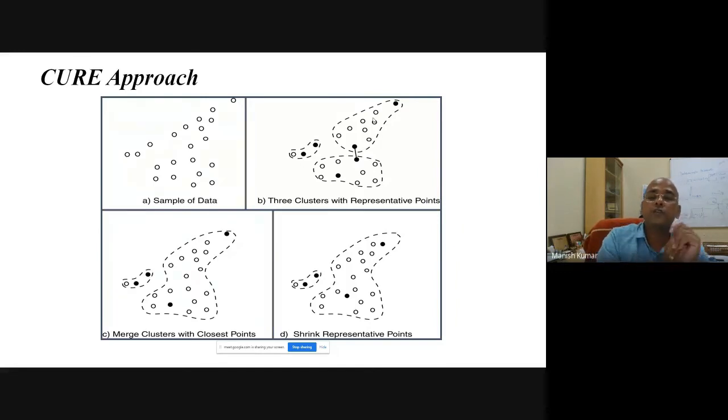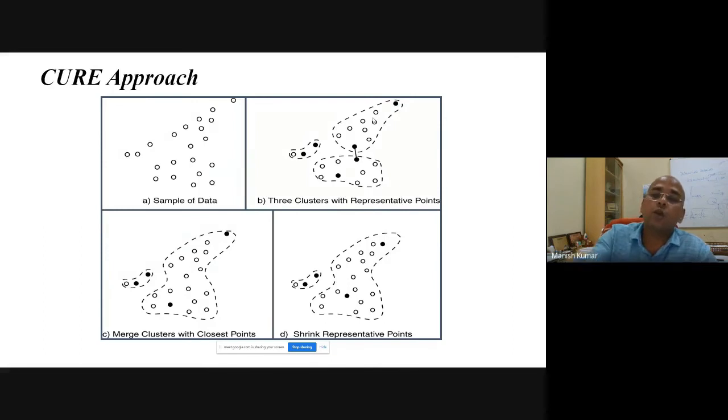Now, what CURE does is that it shifts the representative points also. So it is what we call shrinking the representative points, and we merge clustering points also. You can see that one representative of the first cluster and another representative of another cluster are within the threshold of the minimum distance criteria which we have fixed for the points to be in one cluster.